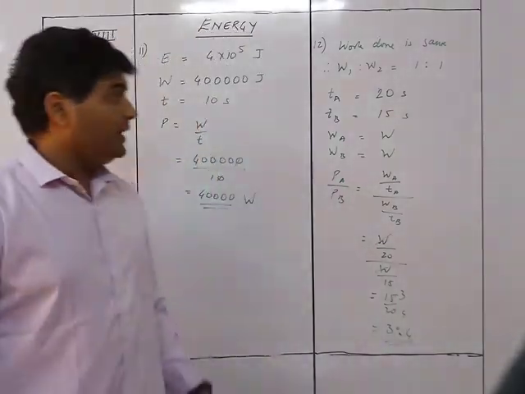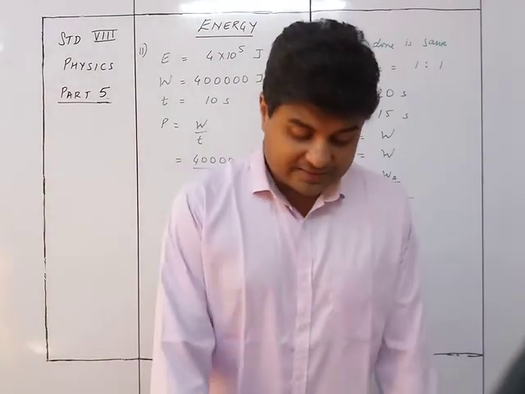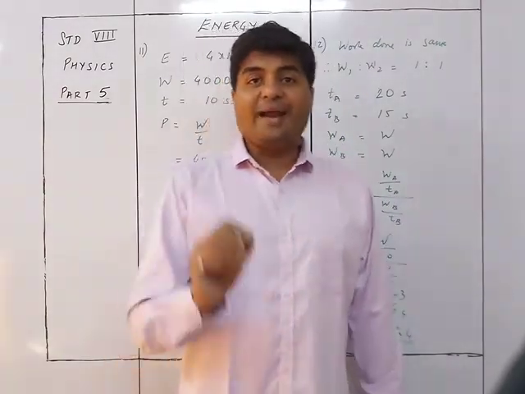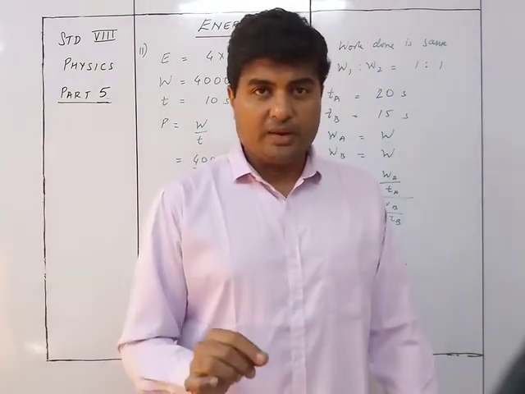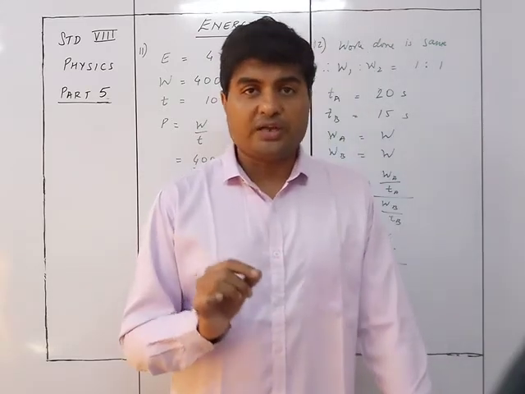So these were the 12 numericals which are given in the textbook as the exercise. Please go through this properly. Write this down in your notebook along with the formulas properly and see to it that you are able to solve it yourself also.